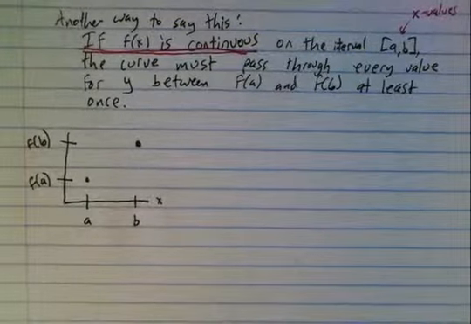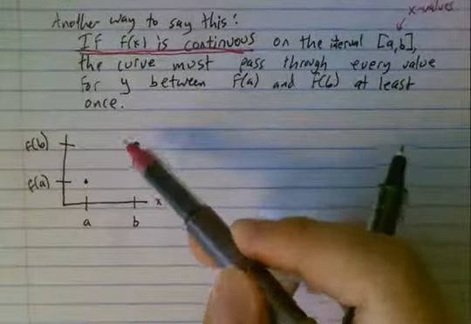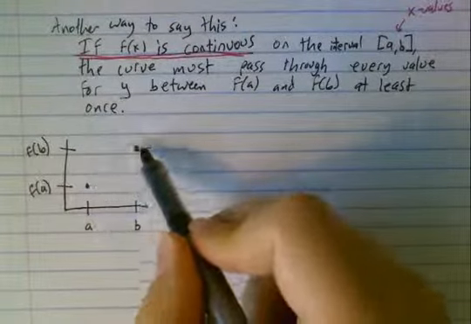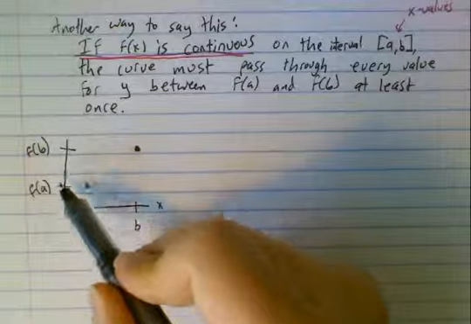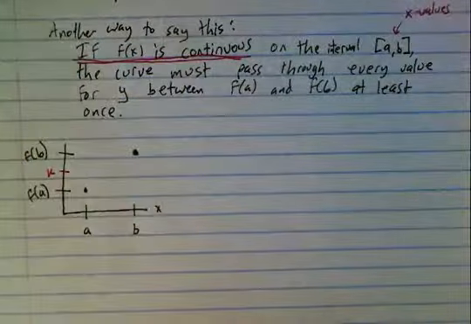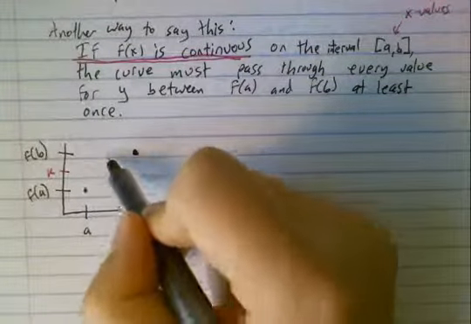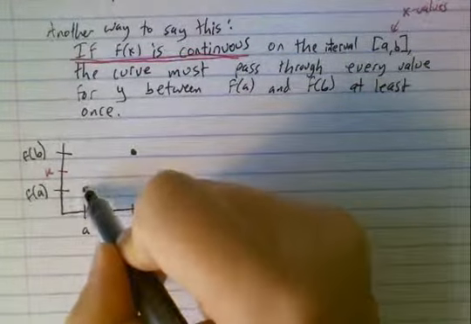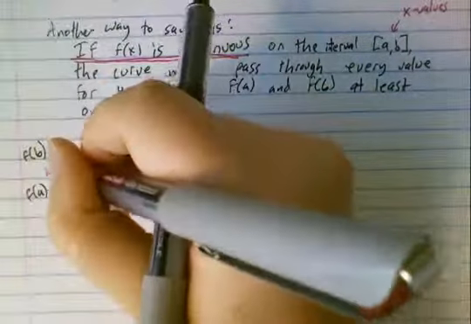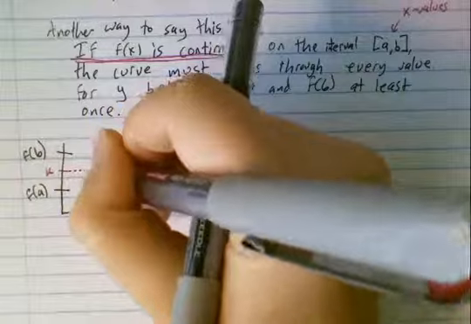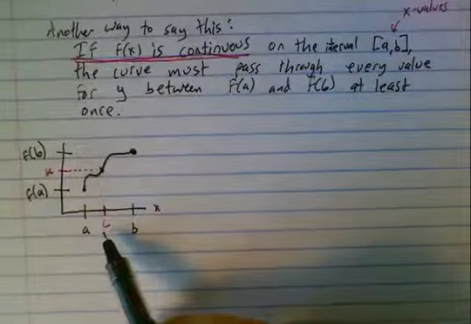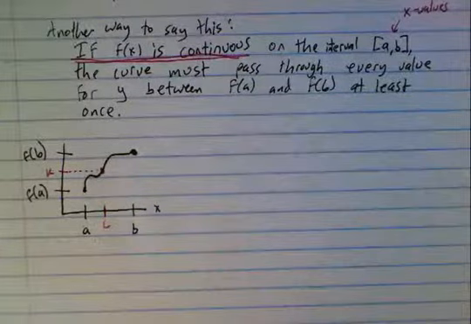What this is saying is that if this is continuous, then in order to get from this dot to this dot without lifting our pencil, we have to go through every value in between here. So if I pick some value, k, no matter how I twist and strain, as long as this is a continuous function, at some point there's some value c for x, that when x equals c, y equals k.